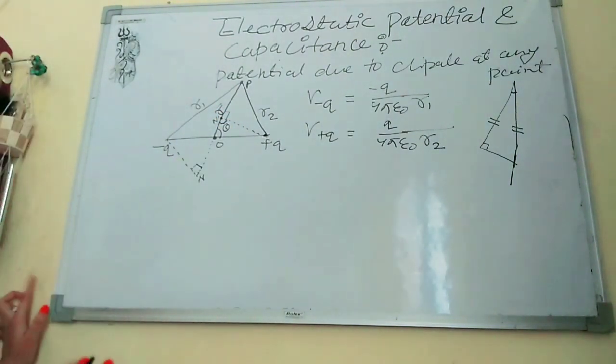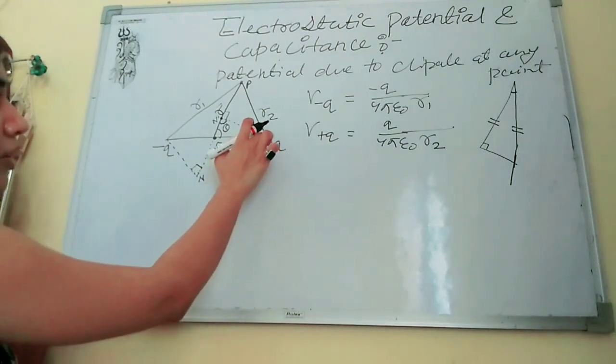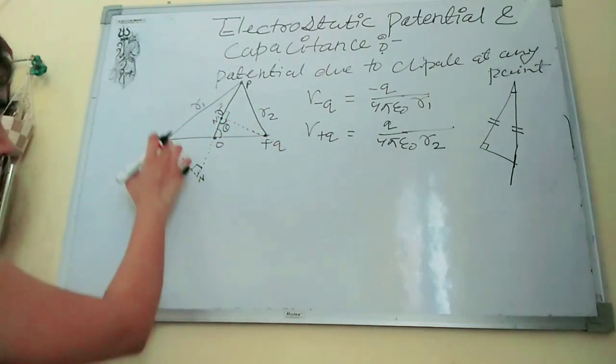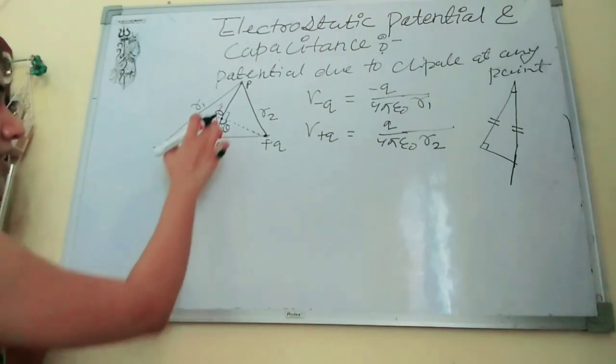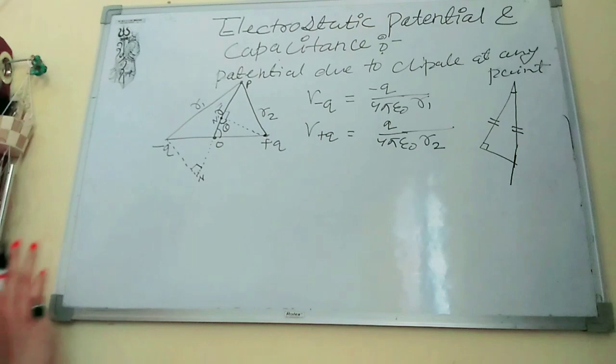Is that clear? We have taken a perpendicular from this line to the extended line, and we mark this N and this N dash.